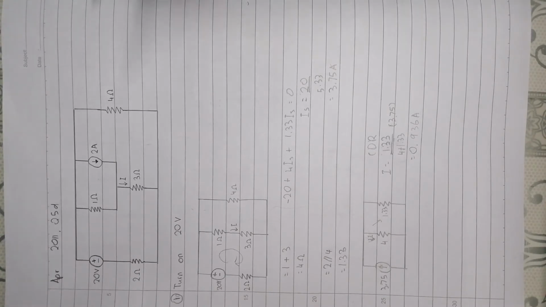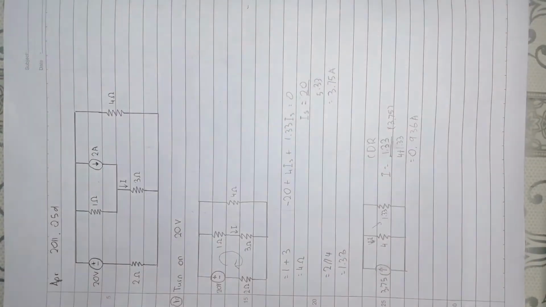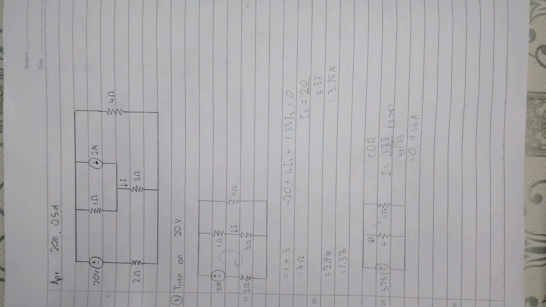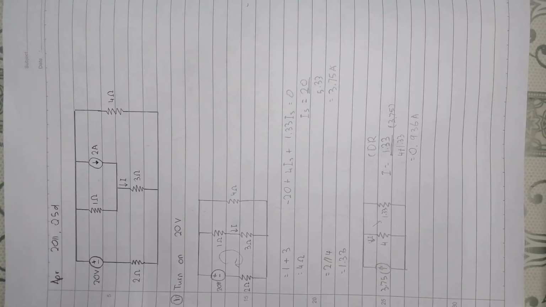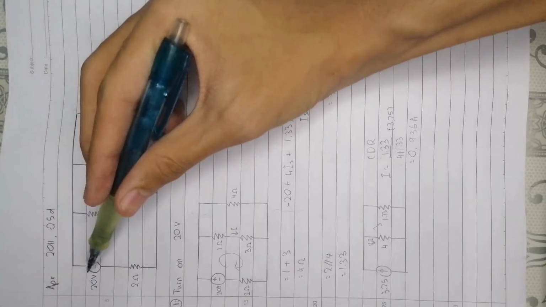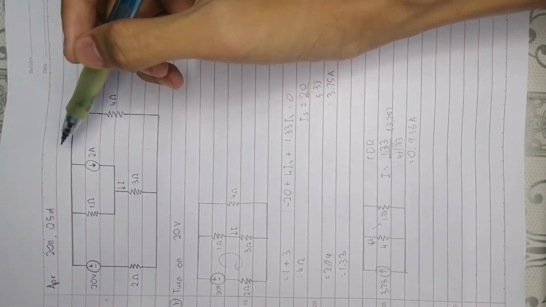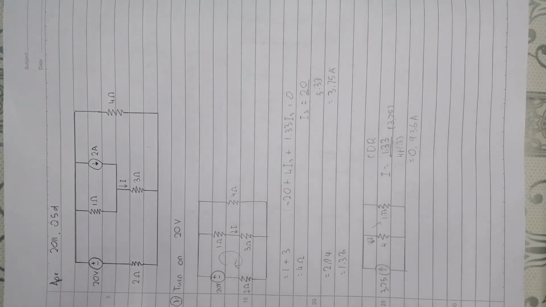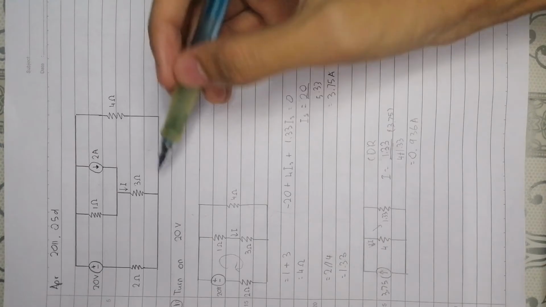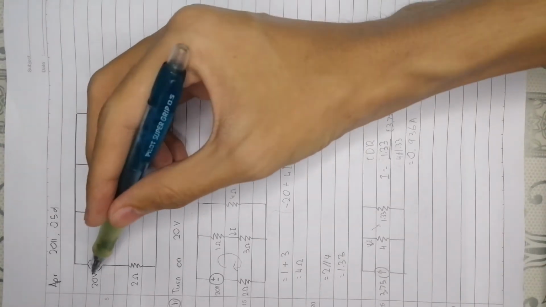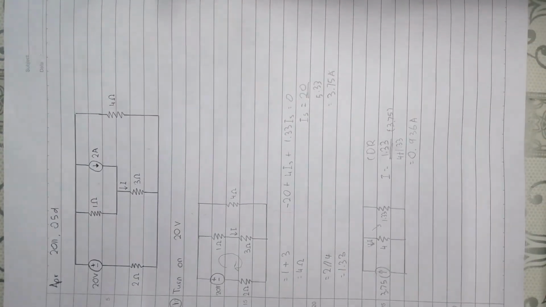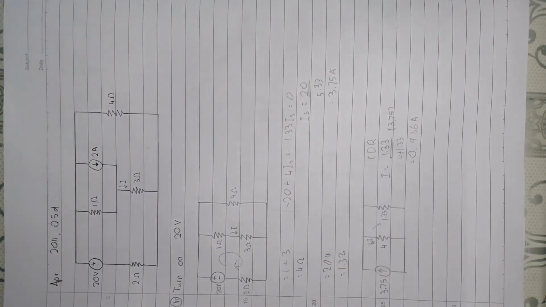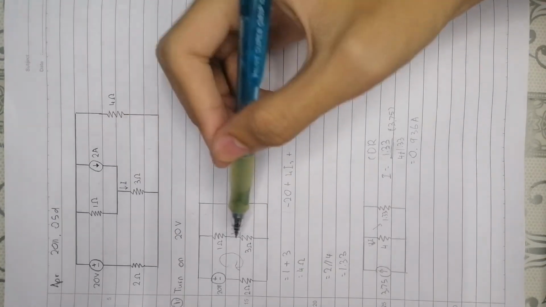So in this question it has two sources, and the superposition theorem is we turn on only one source and then we switch off the rest of the other sources. So in the first step we will turn on the 20 volt voltage source here and we switch off the 2 ampere current source, and then the circuit will transform to become like this.